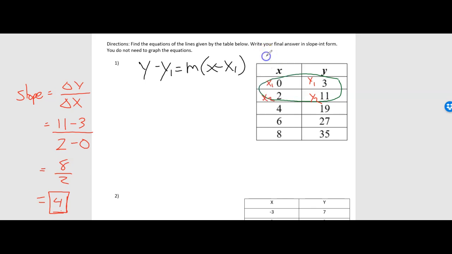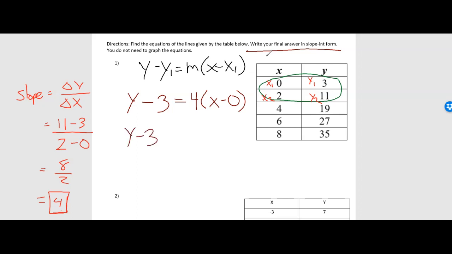I'll just use the x1 and the y1 that I have in my table. So I have y minus 3 is equal to 4 times the quantity x minus 0. Now again, we can't stop here because it says write your final answer in slope-intercept form. So we just need to keep going. We need to distribute and then rearrange our equation to get it in the form y equals mx plus b.